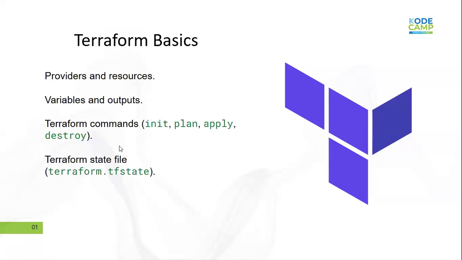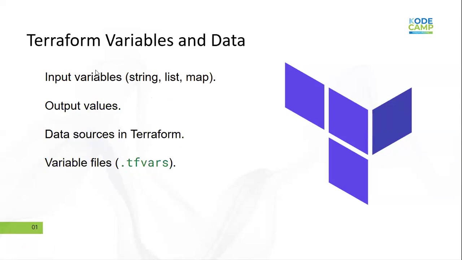Yeah. So there's the input value string. There are some times when you want to input something. For example, you want to set T2 micro, so your size in your variable is T2 micro. You put it in a string.